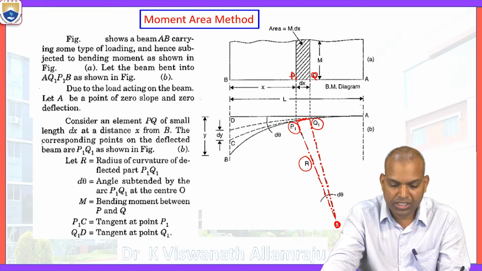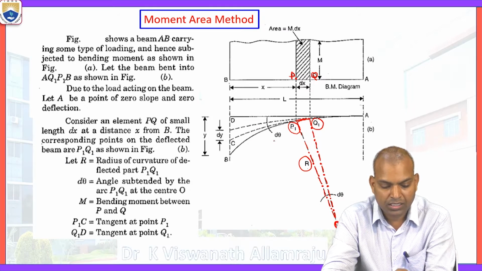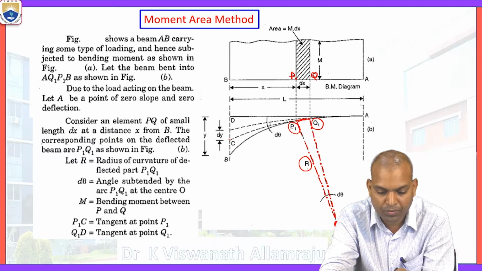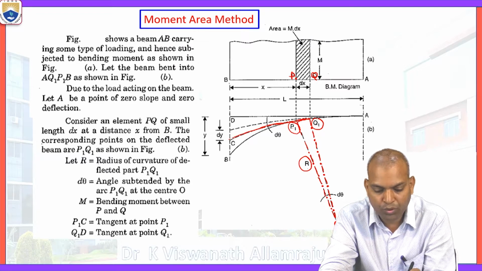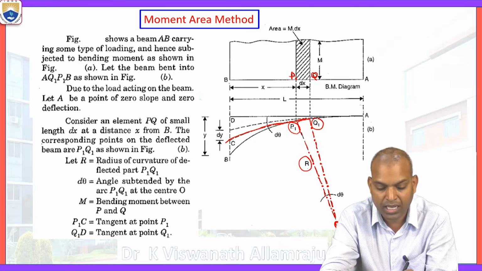What is P1C? This P1C is the tangent at point P1. What is P1O? This P1O is the normal to the tangent P1C.